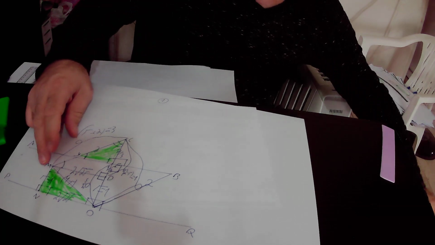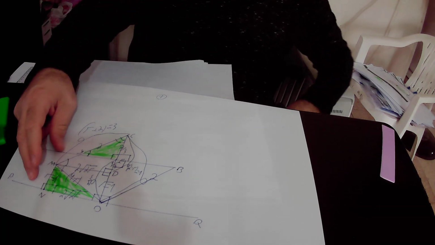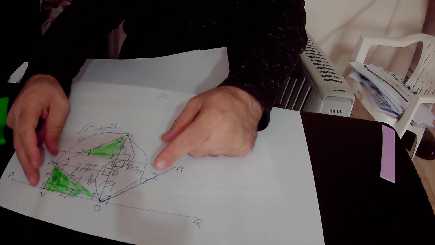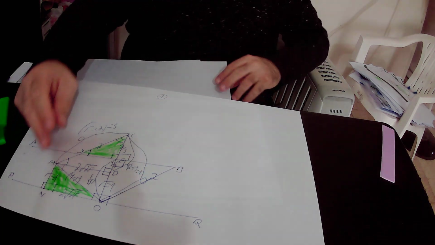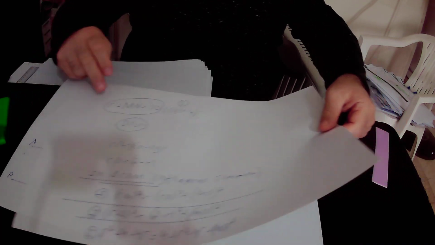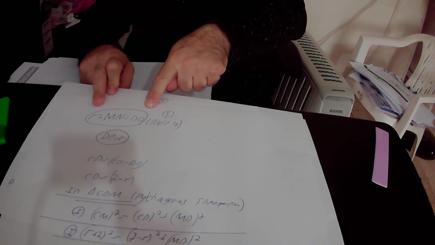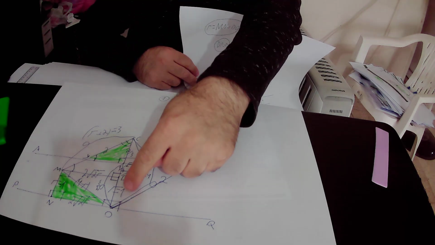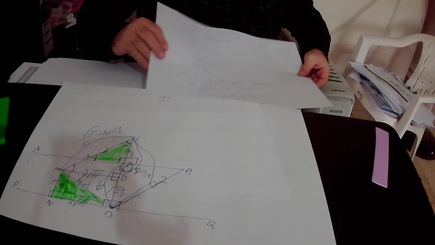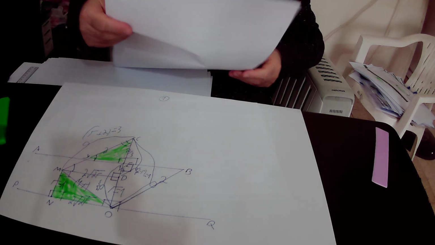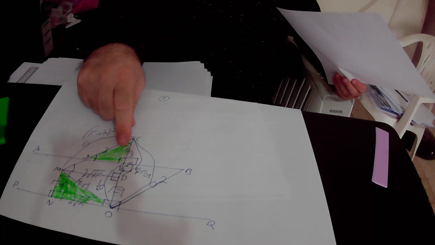We know that MN is the radius of the small circle, it equals R. And according to rule number 4, MN equals DO. But we know also that MN equals R. So from this equality, we conclude that DO also equals R. Then, what is the value of CD?